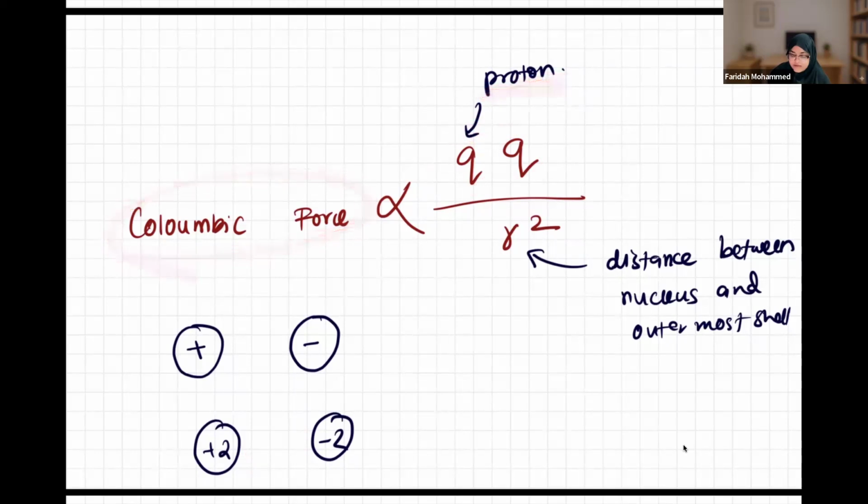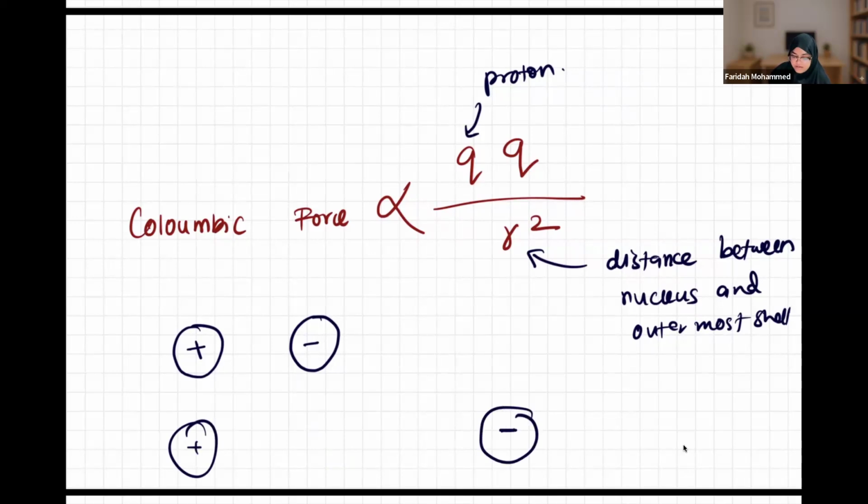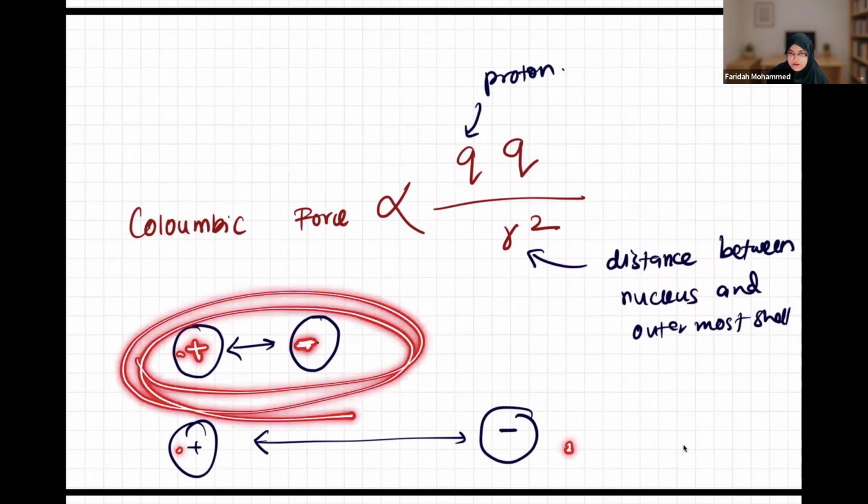Okay? Now about the distance. Let's say the charge now is the same, but the distance is different. Now, which one's gonna have higher attraction? Think about like magnets, which one's gonna have stronger attraction? If the magnets of opposite pole are closer or farther away? Of course, the one that is closer, right?